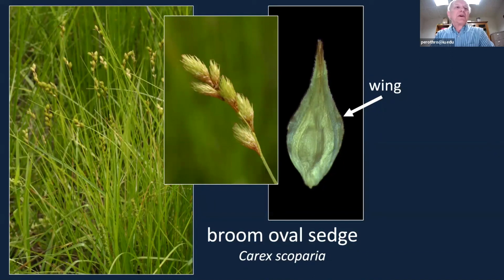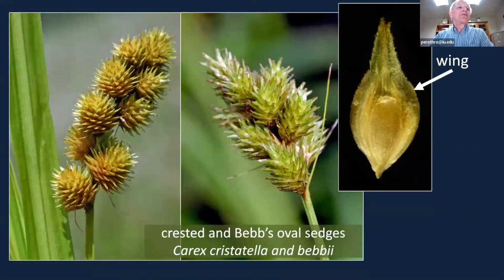The unique trait among the oval sedges is that the perigynia possess a thin, slightly translucent wing that runs along the body and the beak. The several oval sedges you are most likely to run into around Wisconsin lakes and rivers include the broom oval sedge, crested oval sedge, and Bebb's oval sedge.